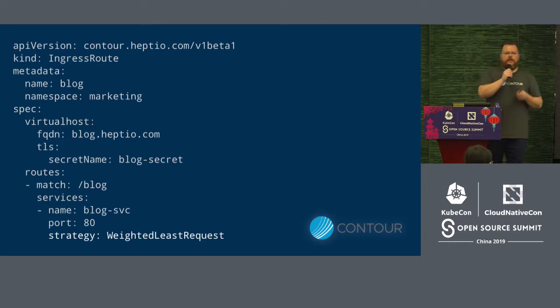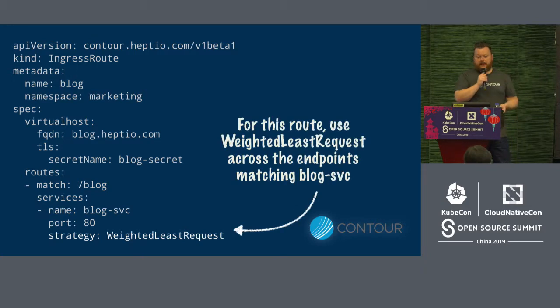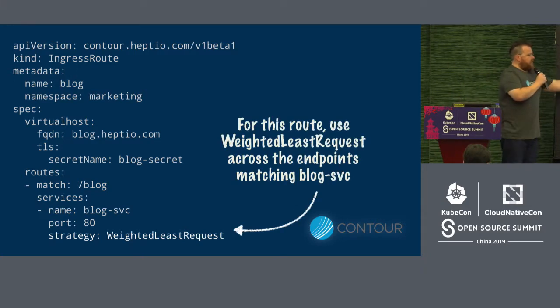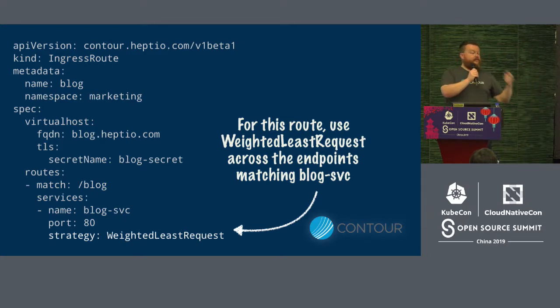For example, per route, per service on that route, we can control things like the load balancing strategy. So, matching route for blogs, one backend service, it's called the blog service, and the strategy we're going to use to load balance across the different pods that make up that service is weighted least request.